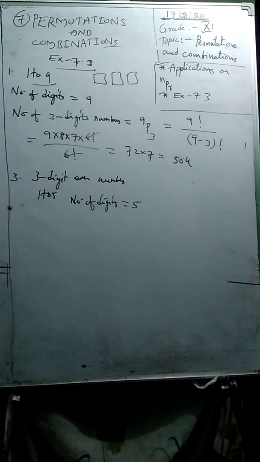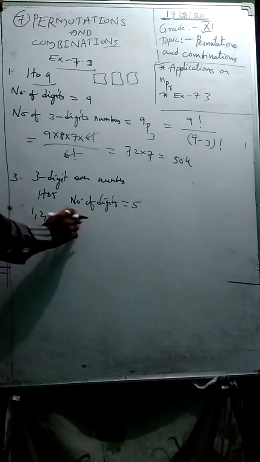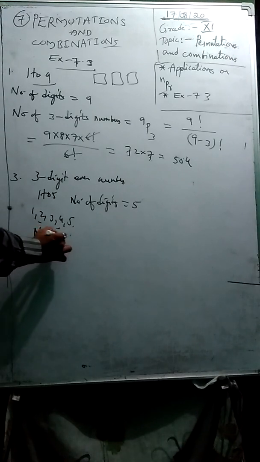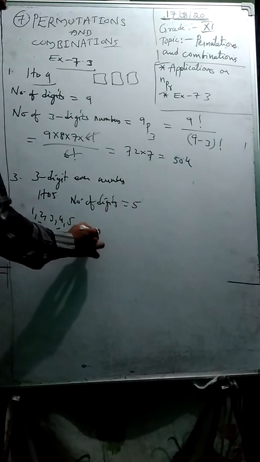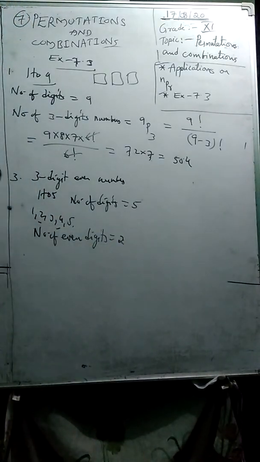An even number means it should end with an even digit. The even digits in the given condition are 2 and 4, out of a total of 5. Let us apply the formula.